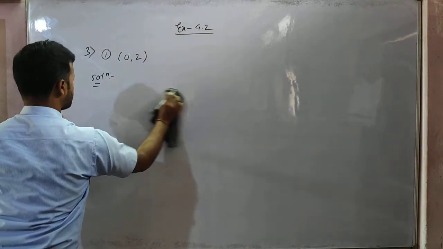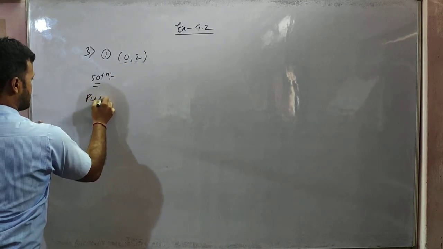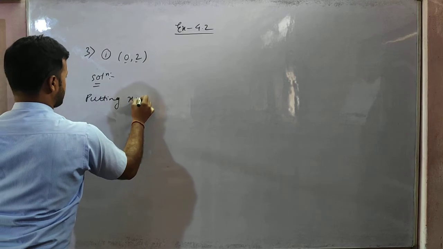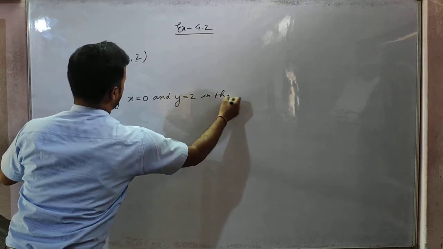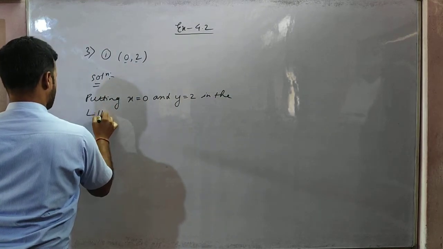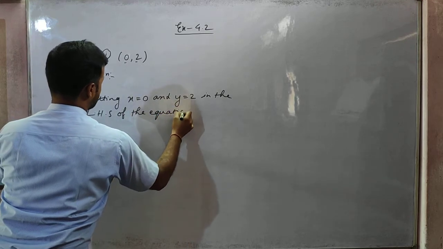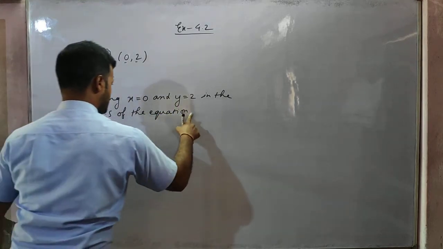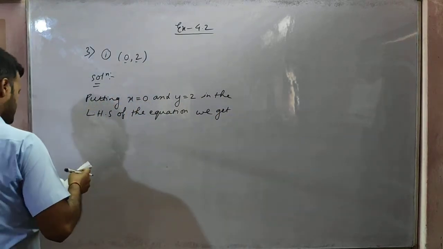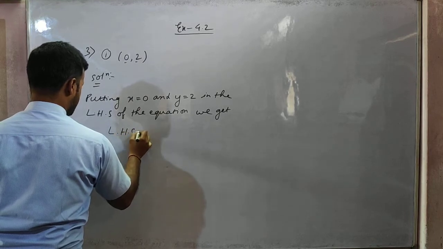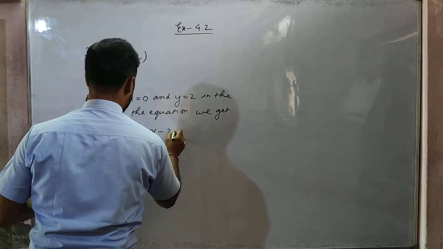This is the value of x and this is the value of y. So putting x is equal to 0 and y is equal to 2 in the left hand side of the equation, we get left hand side is equal to x minus 2y.